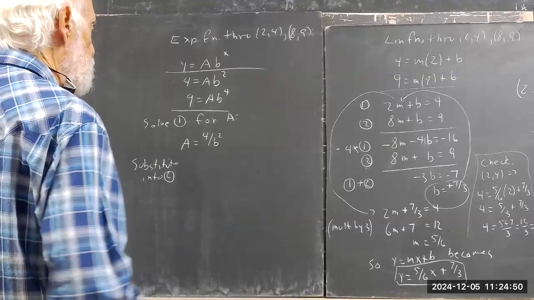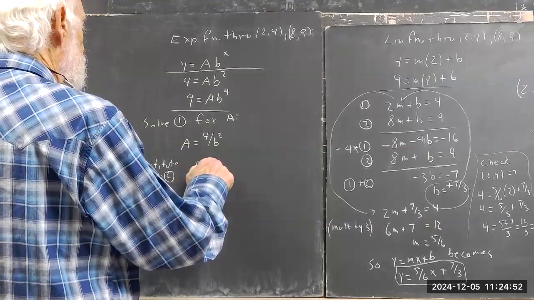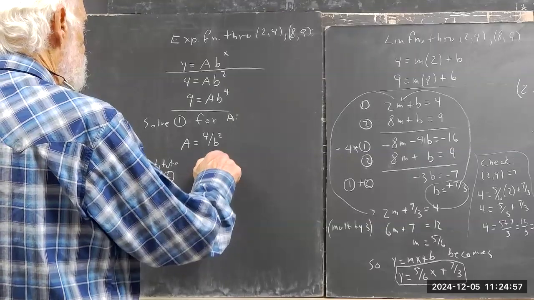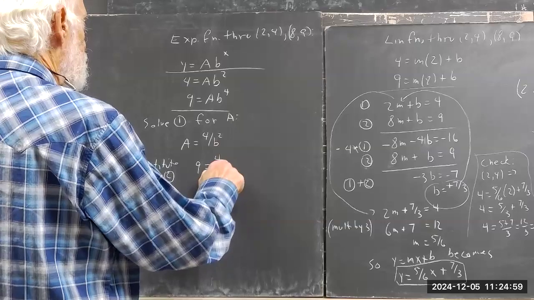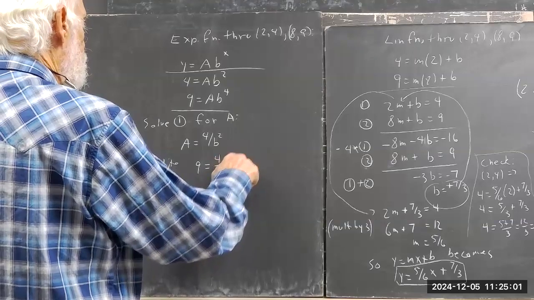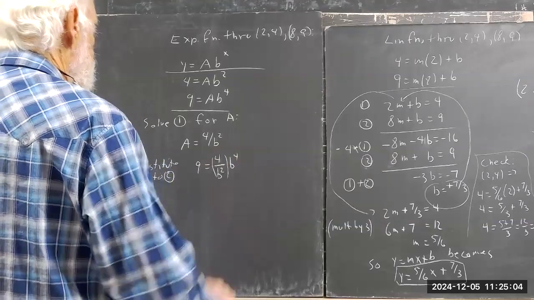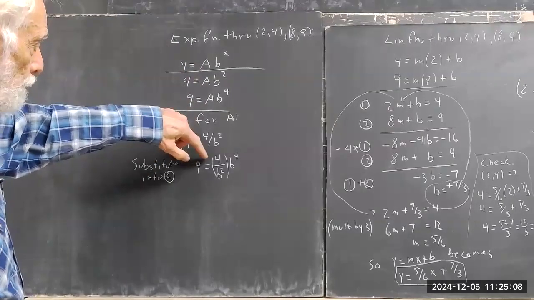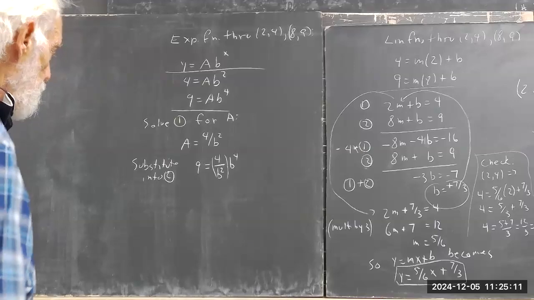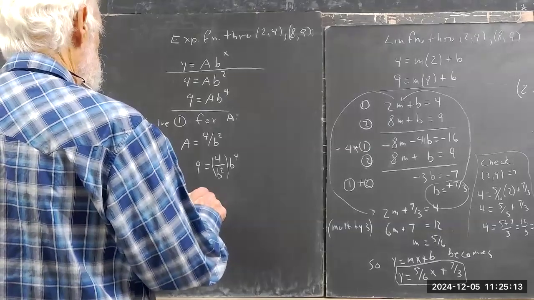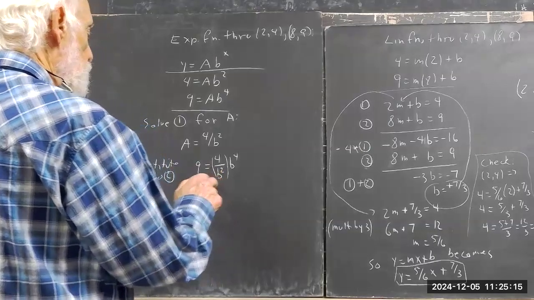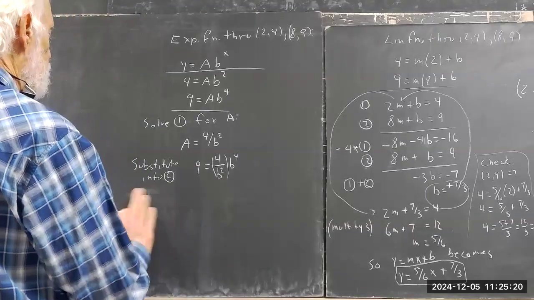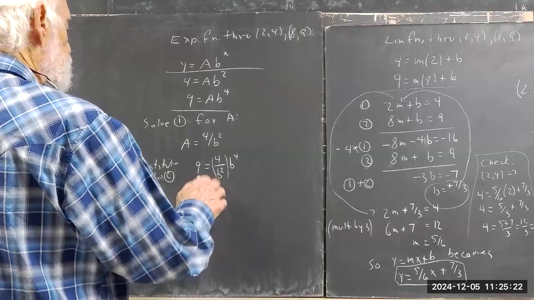Substitute this into equation 2. We get 9 equals 4 over B squared times B to the 4th. We've replaced A here with 4 over B squared. Well, actually, I'm not going to multiply by B squared yet. We're going to simplify.